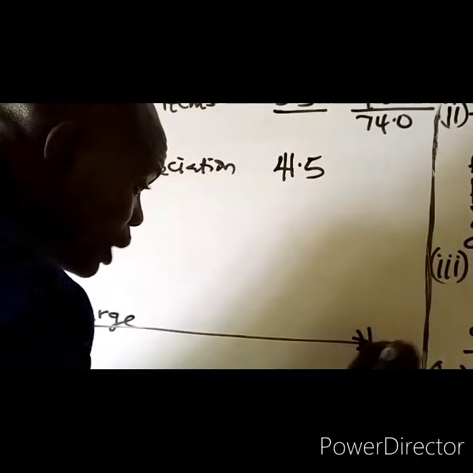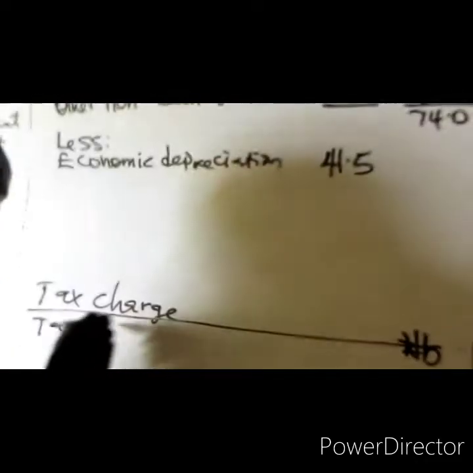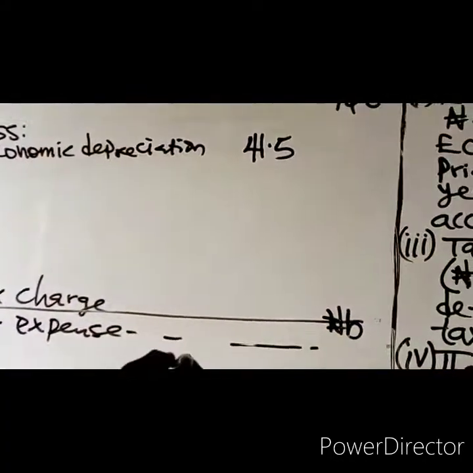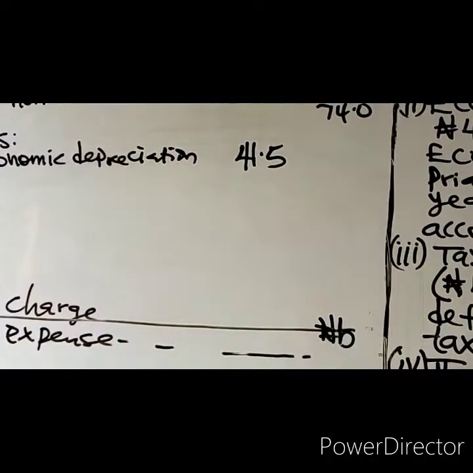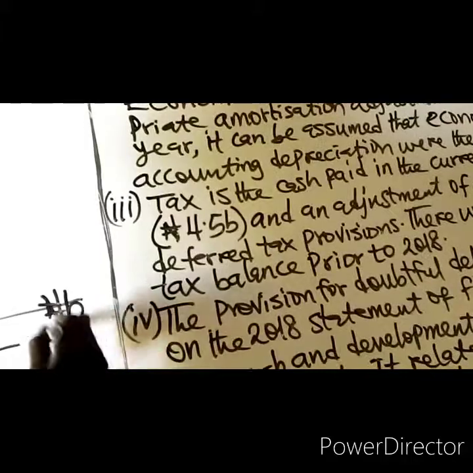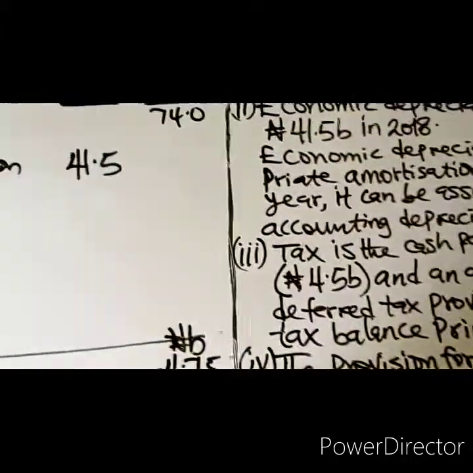So you start with the amount of tax expense, which is 4.75. So that is in our income statement.